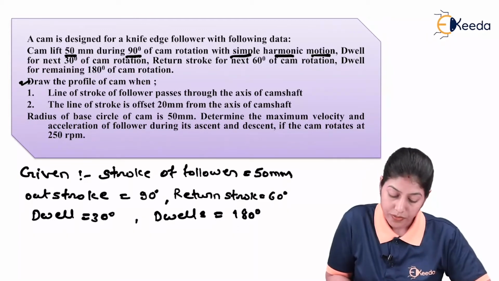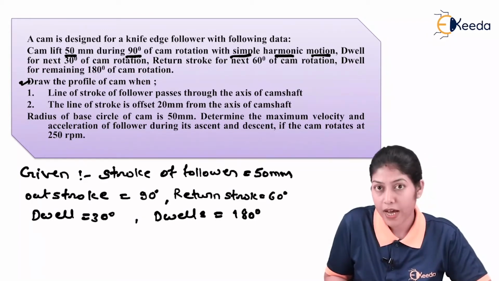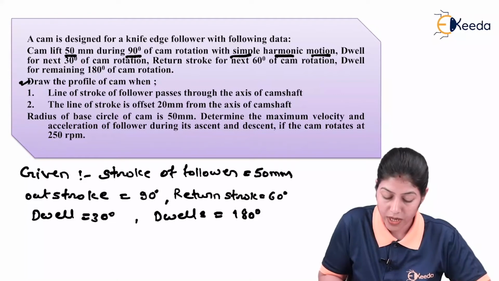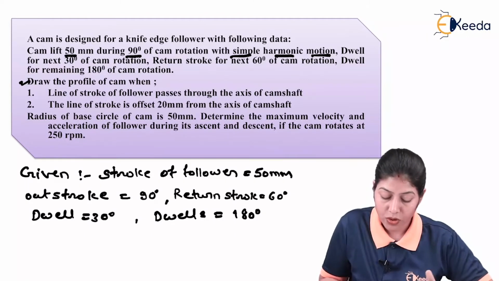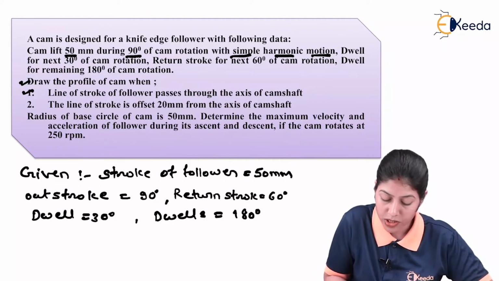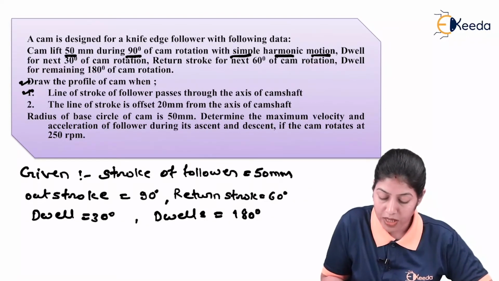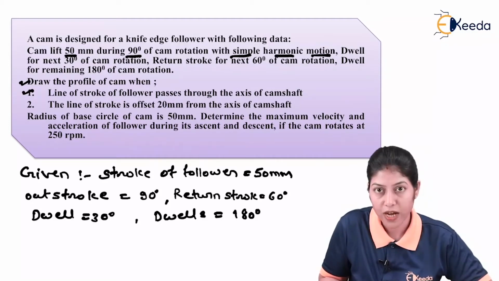Now here we have to draw the profile of the cam for two conditions when line of the stroke of the follower passing through the axis of the camshaft. So here in previous lesson I have discussed one condition by which we have drawn the profile of the cam. So that condition is similar to this first part. So as per that concept we can draw the profile of the cam.